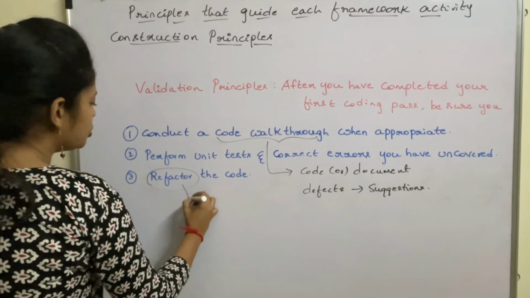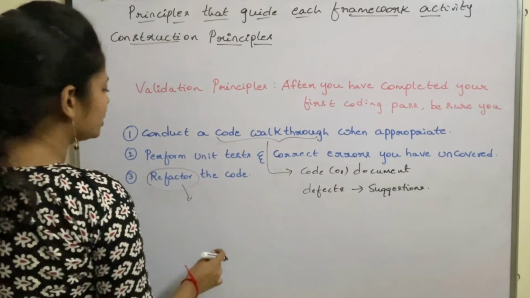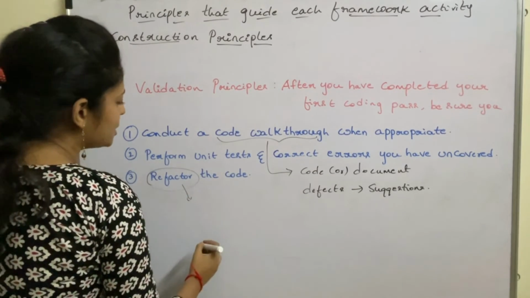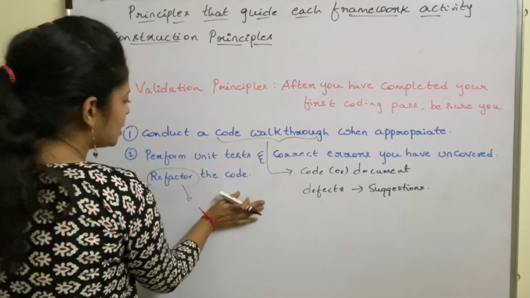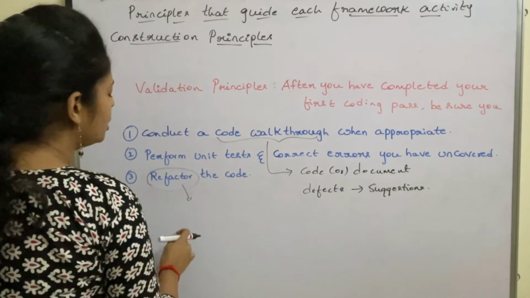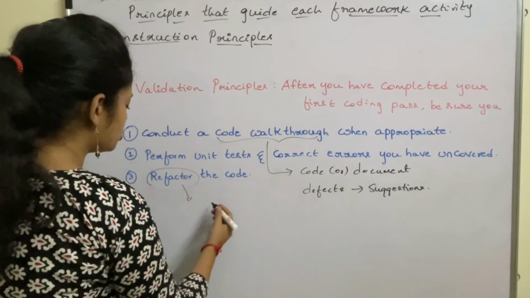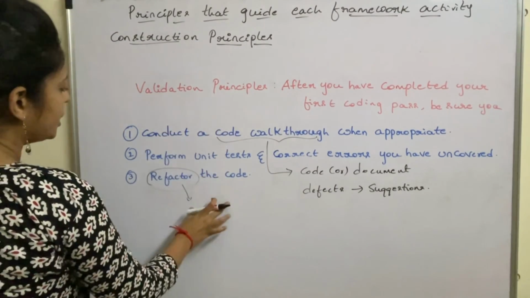That improvement should be done in such a way that it does not affect the external behavior of a system. So you should improve the code without changing the external behavior of a system. These are the validation principles.